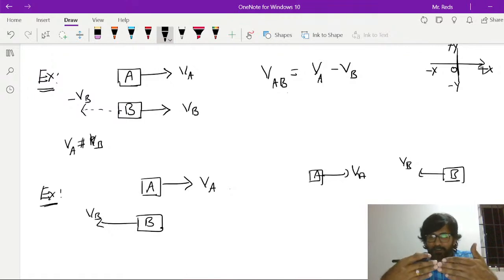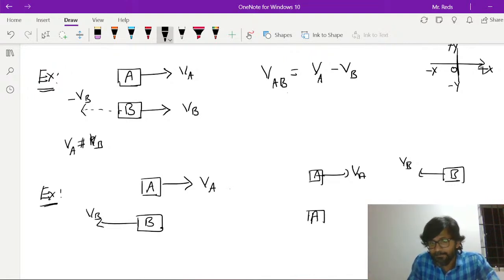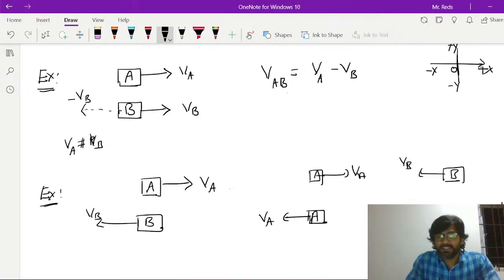Or if the two bodies, A and B, are moving away from each other, with VA and VB, in these cases they will be moving in opposite directions, towards or away.